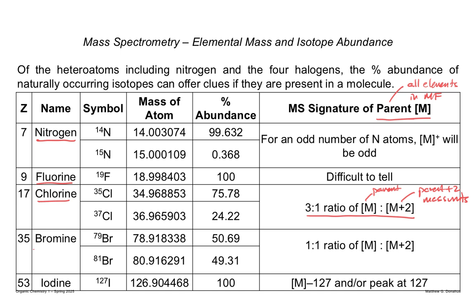The same logic will hold true for bromine, except now the ratio of the parent to the parent plus 2 is 1-to-1. Although iodine only has the one isotope, 127, it still can give you a signature in that once the parent degrades or fragments, you might see a peak at a mass of 127.